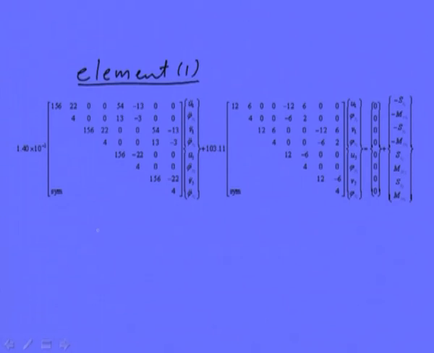This is the mass matrix, and this is the stiffness matrix, and here this is the external force, which is 0, because on element 1 there is no eccentricity. We consider the eccentricity in the disk only, which we are assuming to be at element 3. These are the internal forces.